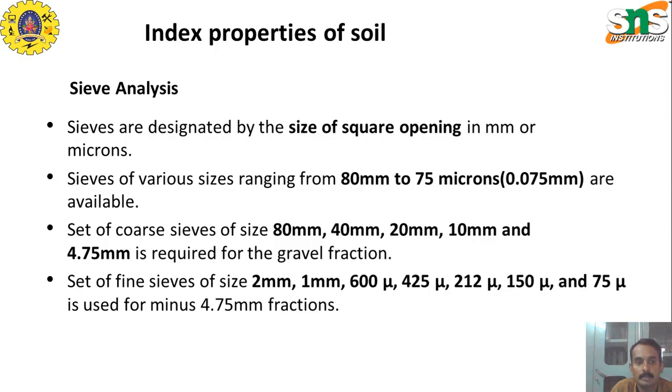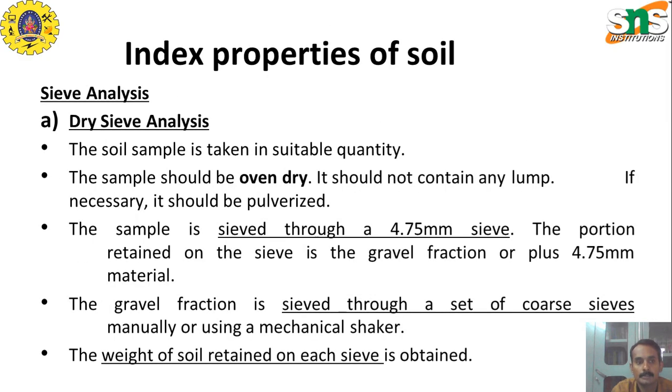So the coarse sieve sets size ranges from 80 mm to 4.75 mm, whereas fine sieve sizes range from 2 mm to 75 micron. So the procedure for conducting sieve analysis: the soil sample is taken in suitable quantity and it is allowed to dry in the oven for 24 hours.